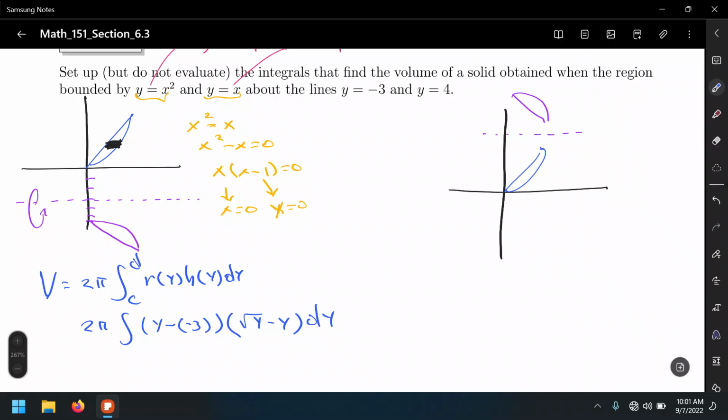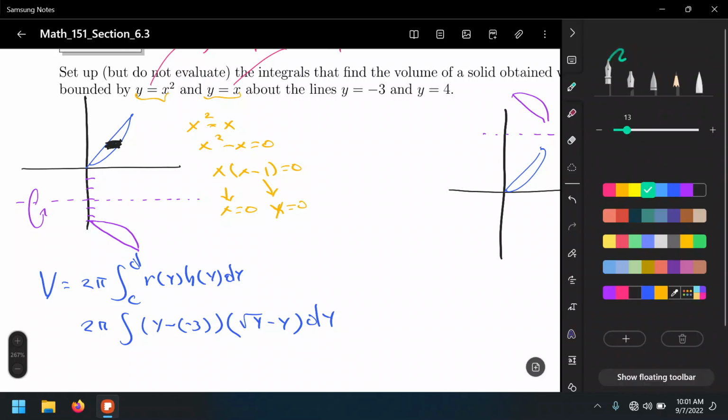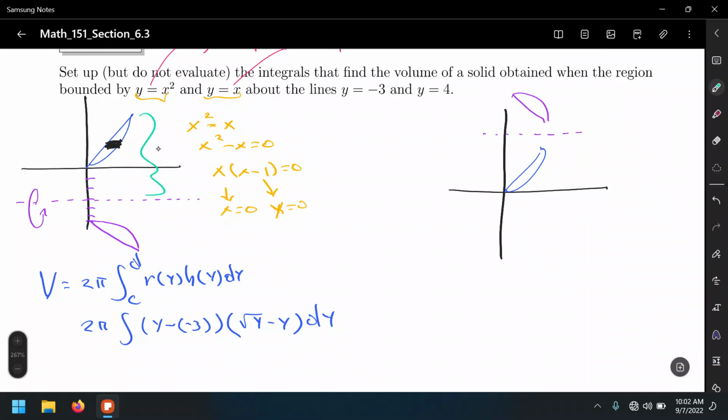That gives us this R right here, which is given by a vertical distance, y minus the position of the axis of rotation, in this case the horizontal axis. So now we're going to have the same region, but rotated about an axis which is at the top of the region of rotation.